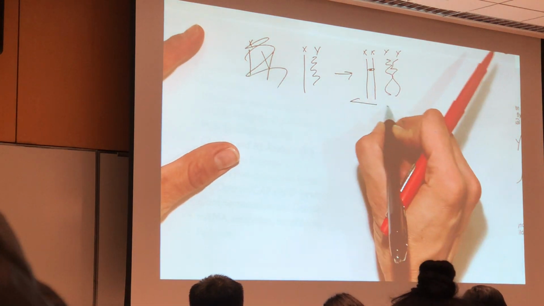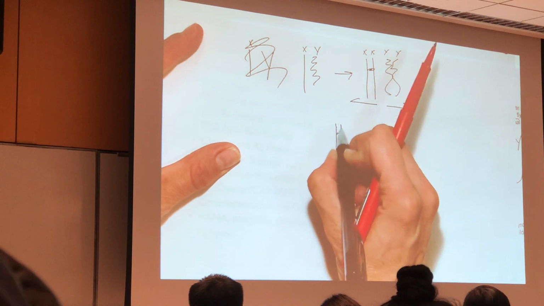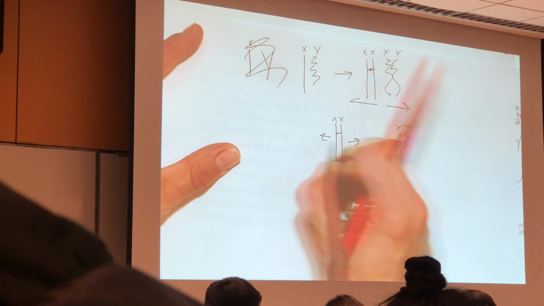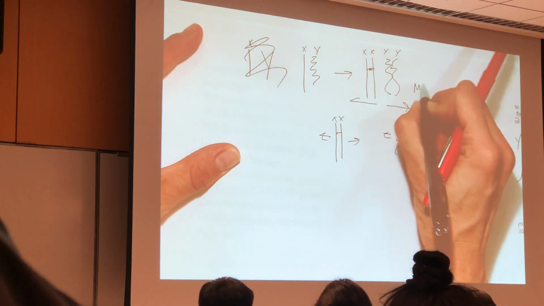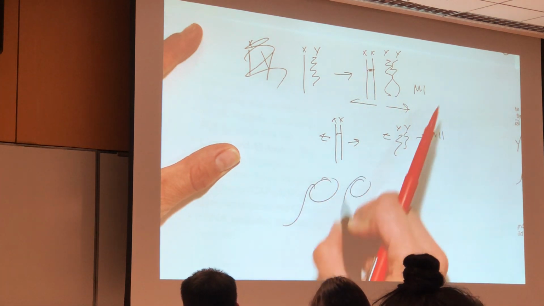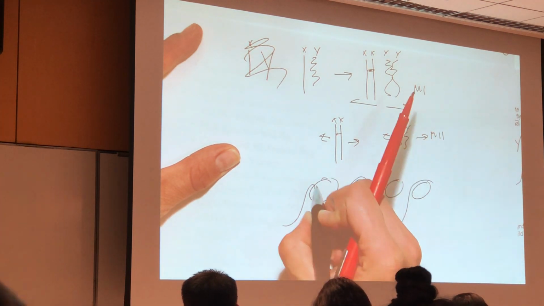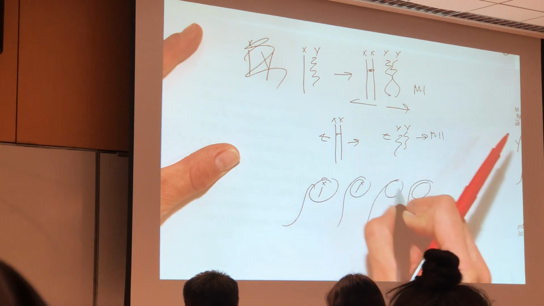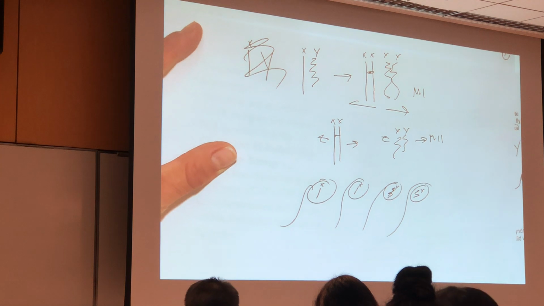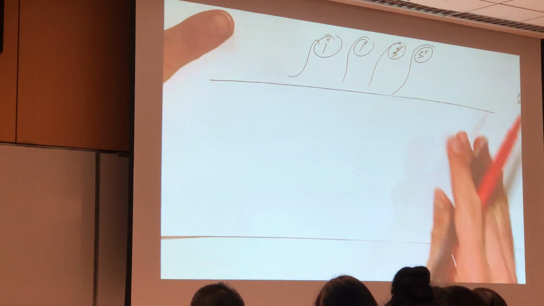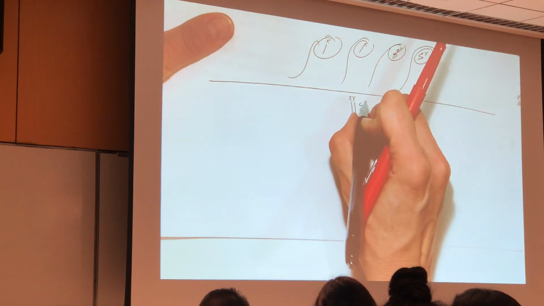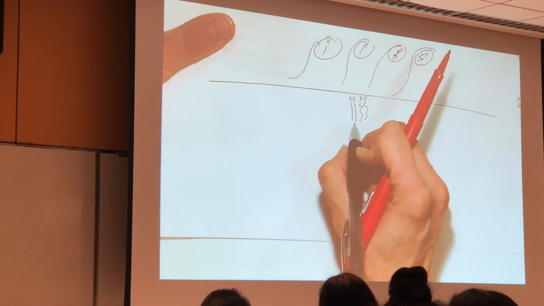So normal, right? You've got the 2 X's, the 2 Y's, and then in meiosis 2, you would have sperm with just 1 X, or 1 Y. If non-disjunction happens in meiosis 1, they would all go together.